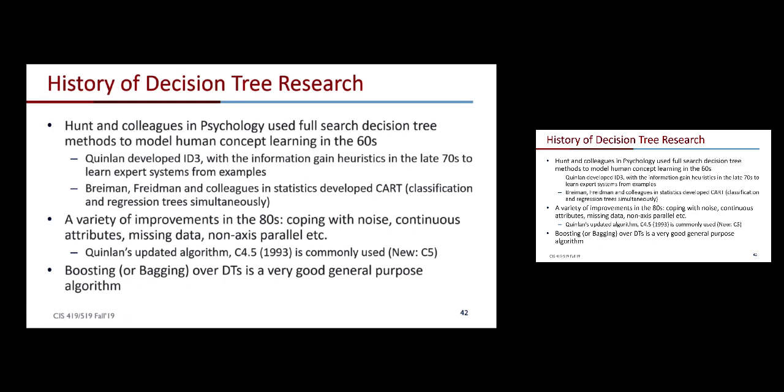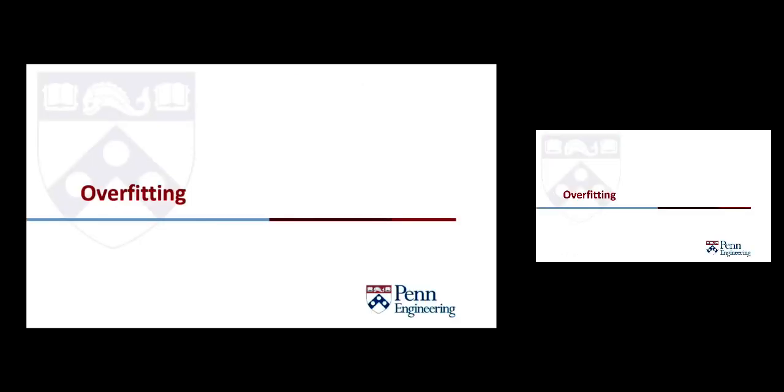And in your homework, you're going to do an approximation of this. You're going to learn decision trees, and you're going to use them as features, at least part of the homework, as features for a learning algorithm. Okay, so now we know decision trees.